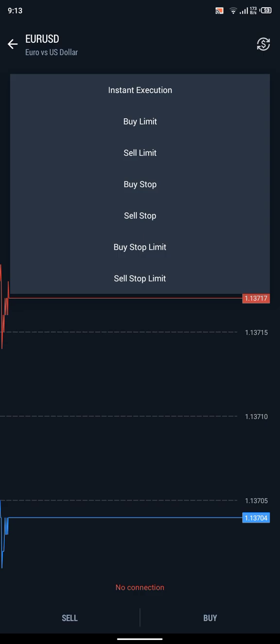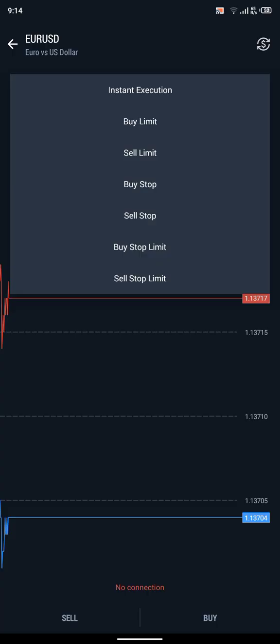Now, some of the importance of buy limit and sell limit is that each one of us has different schedules. The amount of time we can spend trading differs. You might be aiming for a trade, you have done your analysis, and at the particular time you need to enter, you might be busy.